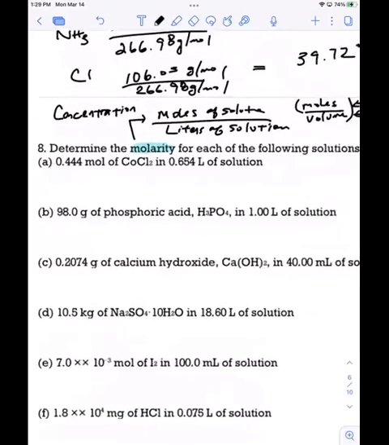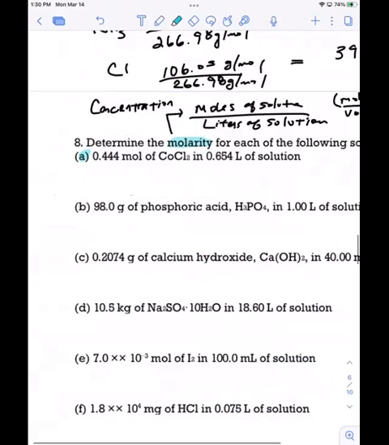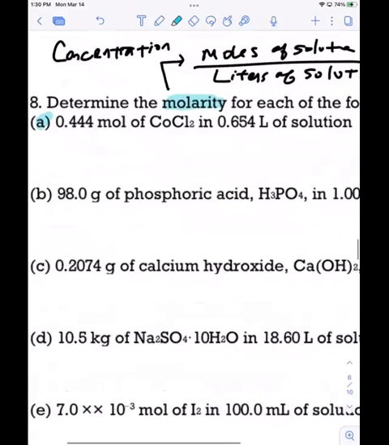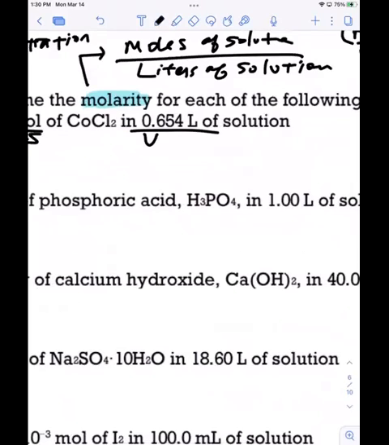So for this one, let's start out with A. Here it gives us, and we're going to determine the concentration. So it gives us the number of moles, and it gives us a volume in liters. So we don't need to do any manipulation of that.